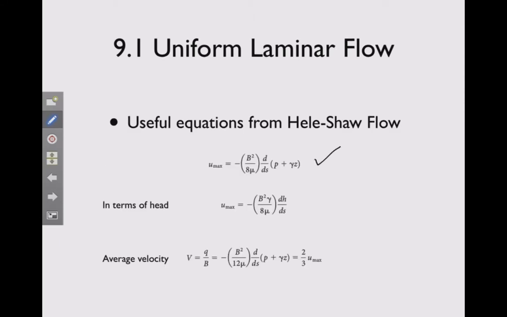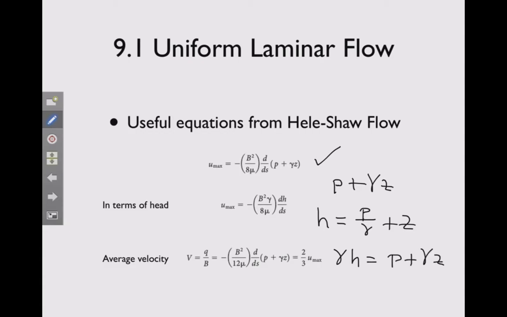That also can be reduced to be written in terms of the piezometric head, h, because we know that p plus gamma z is the pressure, but we can write that in terms of the head by saying that H equals P over gamma plus Z. And so if we multiply both sides of that equation by gamma, we get this.